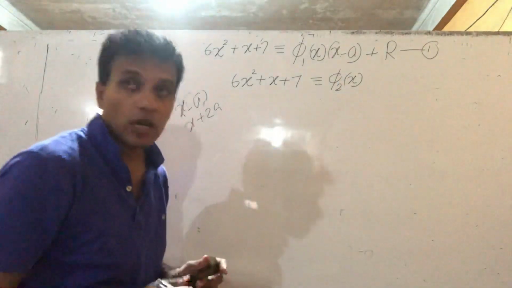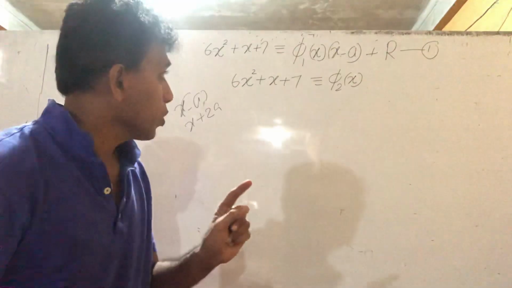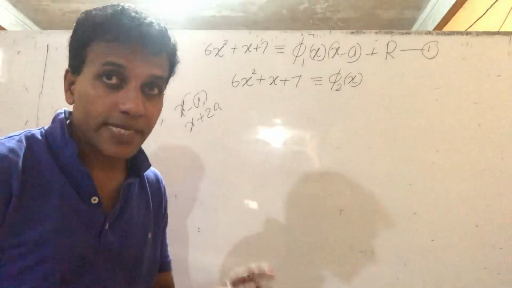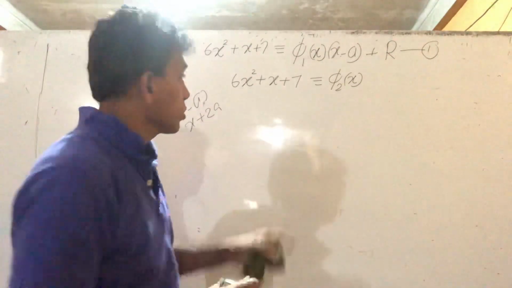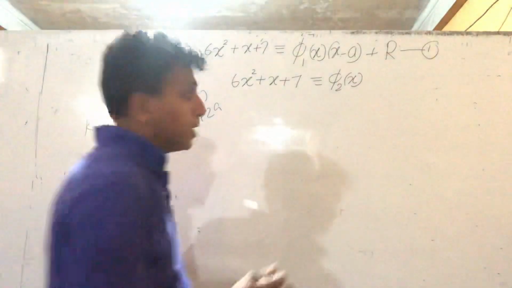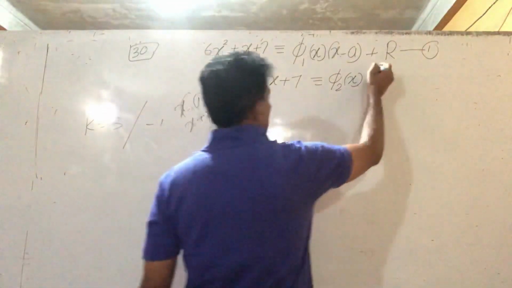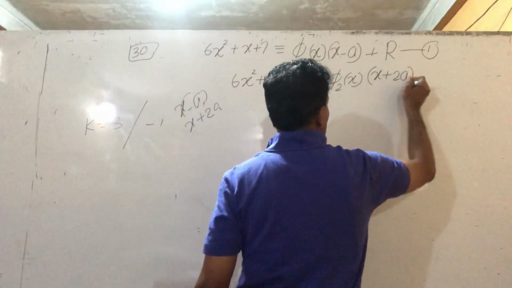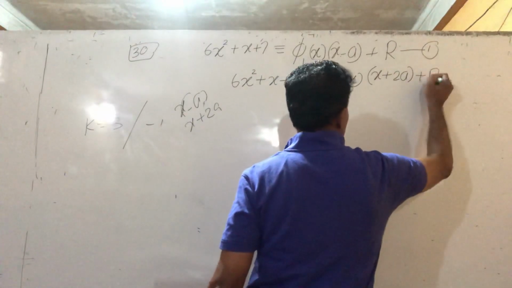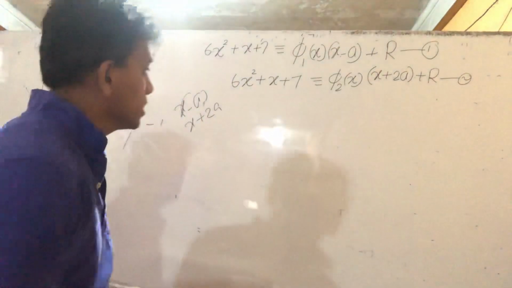Both occasions the given polynomial leaves the same remainder, but the quotients are different, because the divisor x plus 2a is different, so I put phi 1 and phi 2. Here also the remainder is R. That is the second equation.